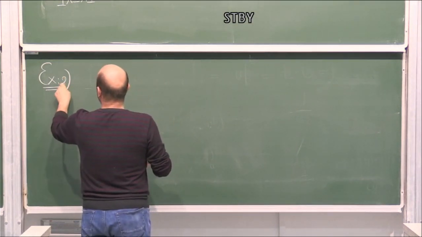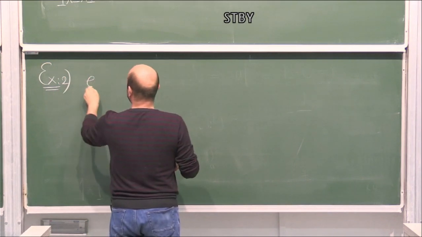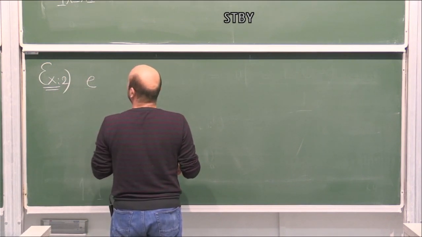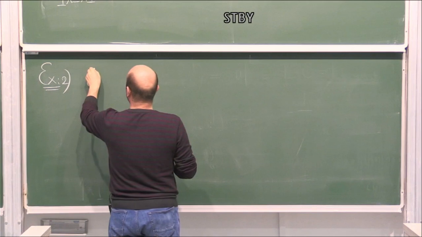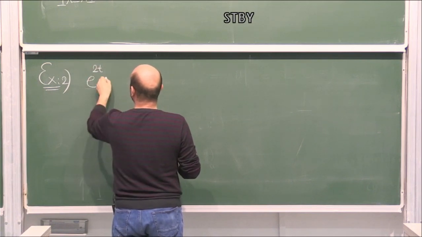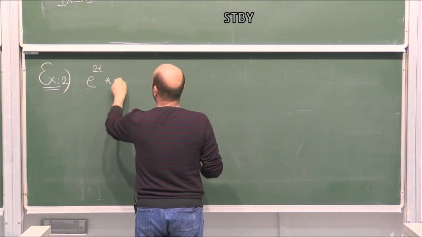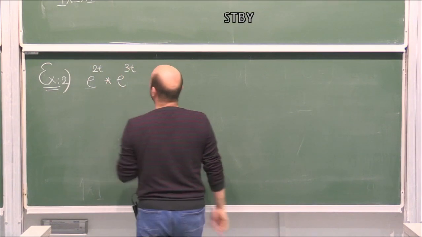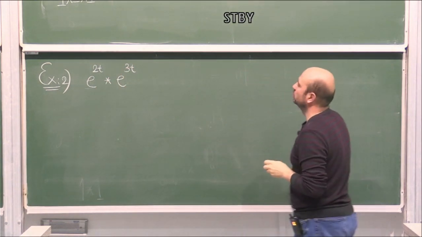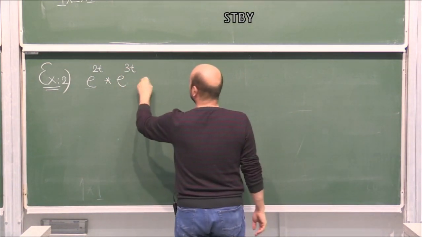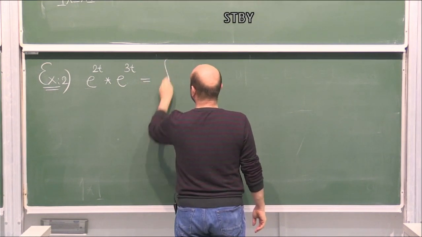Maybe a second example. How about two exponentials? Let's do e to the 2t convolved with e to the 3t. How about their convolution? If you look at this, it is the integral from 0 to t.